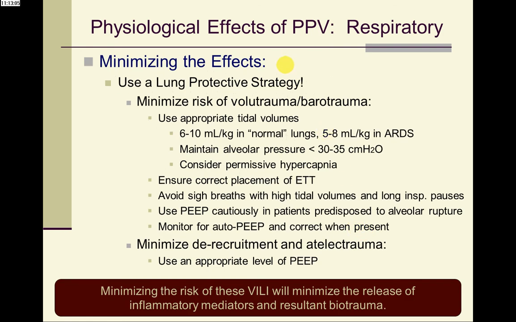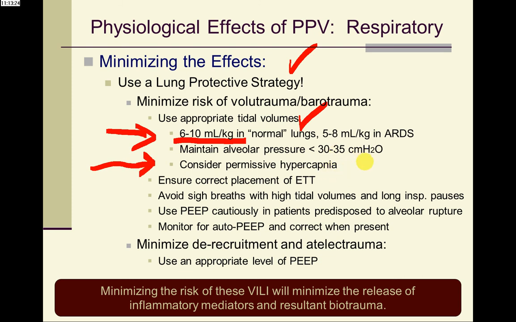Okay, how do we minimize these effects? This is the critical element for us as respiratory therapists. First thing we're going to do, we're not going to put in very big volumes. We're going to use low volume targets, 6 to 10 mLs per kilogram, and we did that in our case study in class the other day. We may also consider permissive hypercapnia.